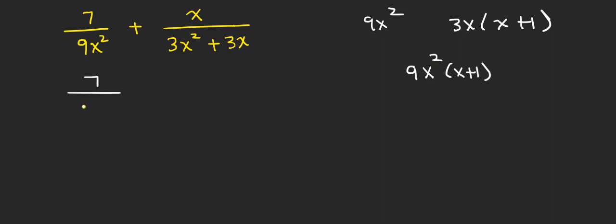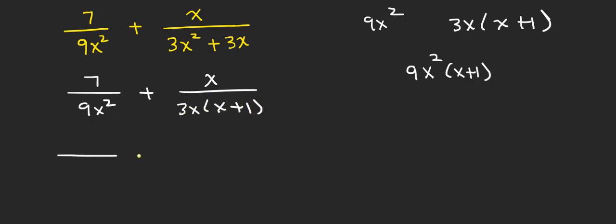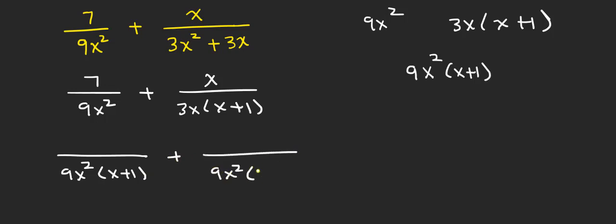So let's put 7 over x squared plus x over 3x quantity x plus 1. And we know that our LCM is going to be 9x squared quantity x plus 1. So what do you need from 9x squared to get to this? You're missing x plus 1. So you got to multiply quantity x plus 1 to the top.